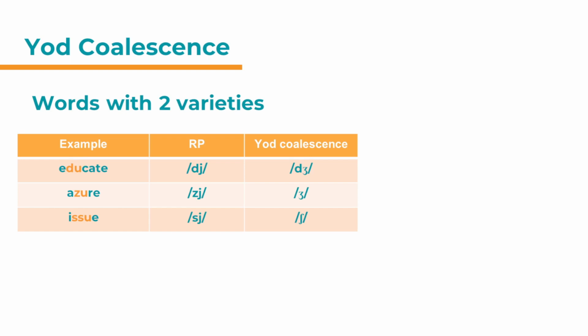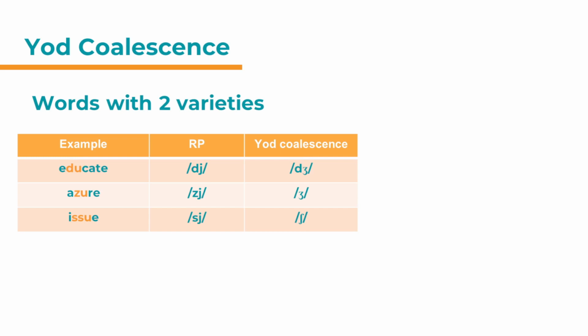For example, in the word educate, we can say educate in RP, or educate with Yod Coalescence. Let's have a look at the second example word.